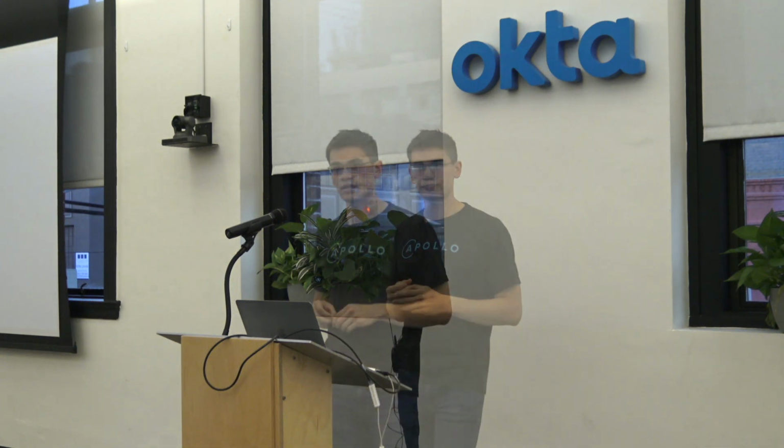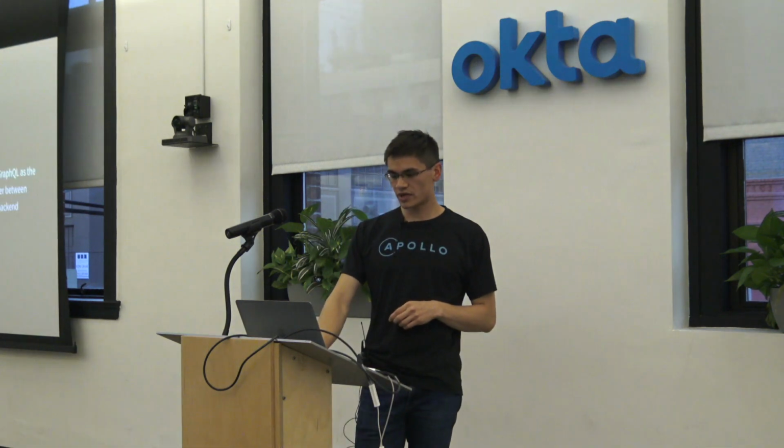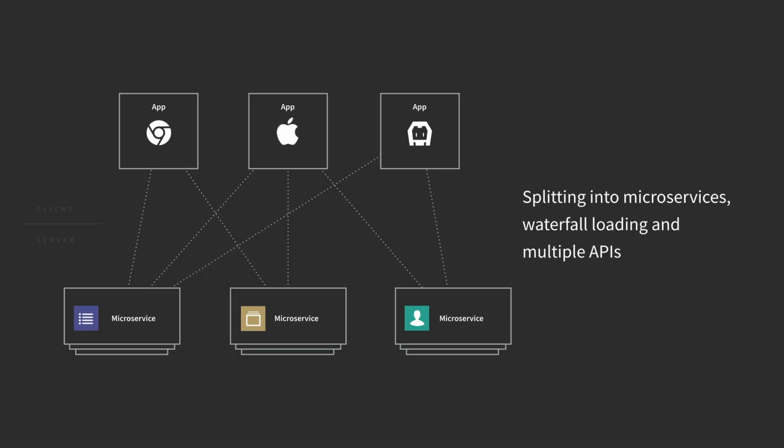So, sure. In this slide there were two different waterfalls we were talking about. We were talking about the resolver waterfall as well as a REST API's waterfall of requests.